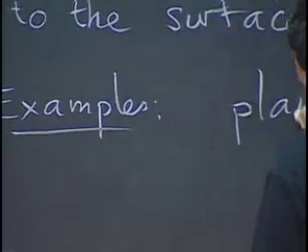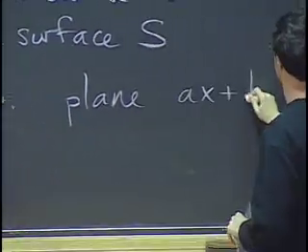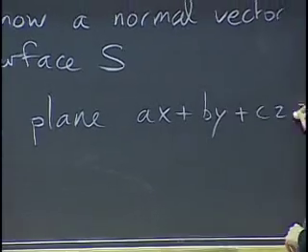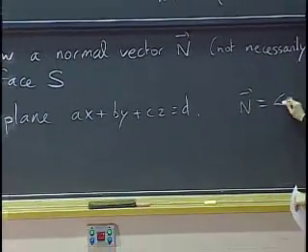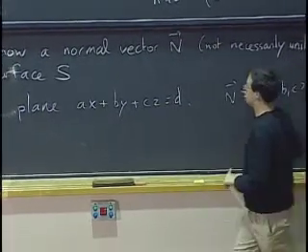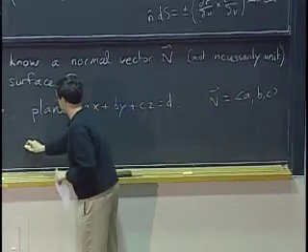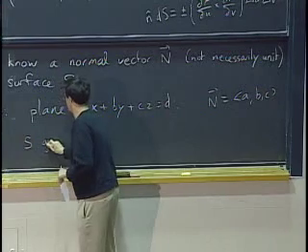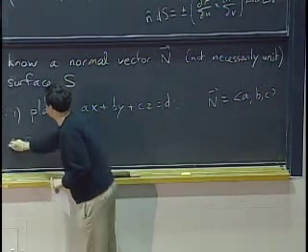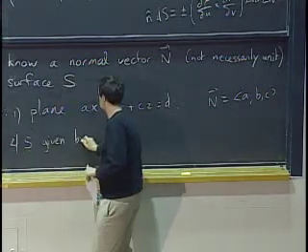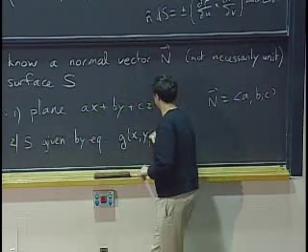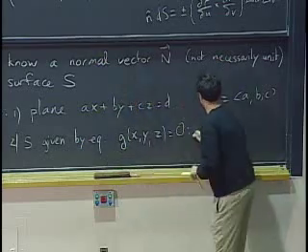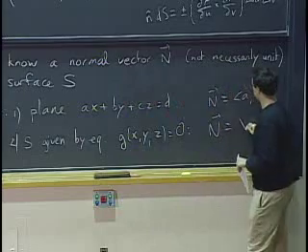If you have a plane, ax plus by plus cz equals d, then the normal vector would just be (a, b, c). If you have a surface S given by an equation g of x, y, z equals 0, then you can take the normal vector to be the gradient of g.